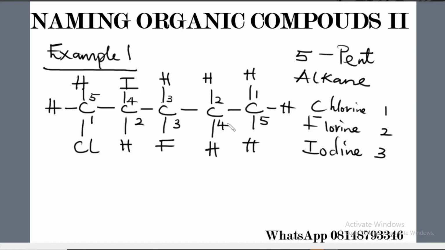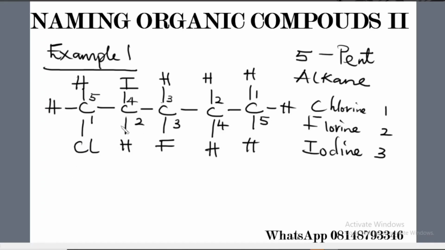Counting from left to right, chlorine comes first. The placement here is 1. And counting from right to left, chlorine comes 5th. Now, which one do we choose? We choose 1. So we are going with the lower numbering, which is left to right.